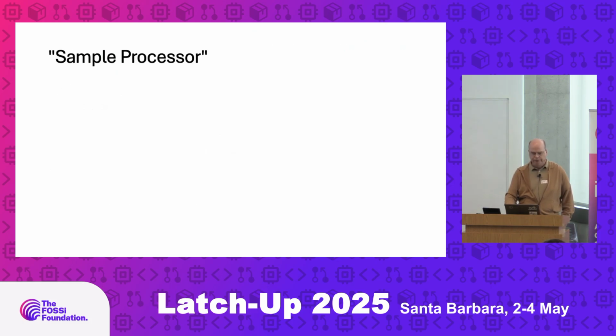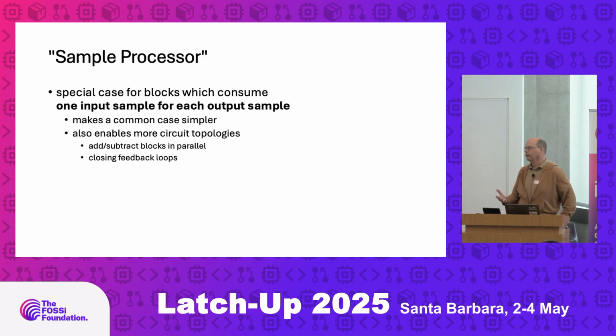on the system. So what I'm calling a sample processor is a special case where it's 1 sample in, 1 sample out. And this makes a common case simpler. And in the past, I've coded this kind of helper, if you like. But more importantly, it enables you to compose different circuit topologies.